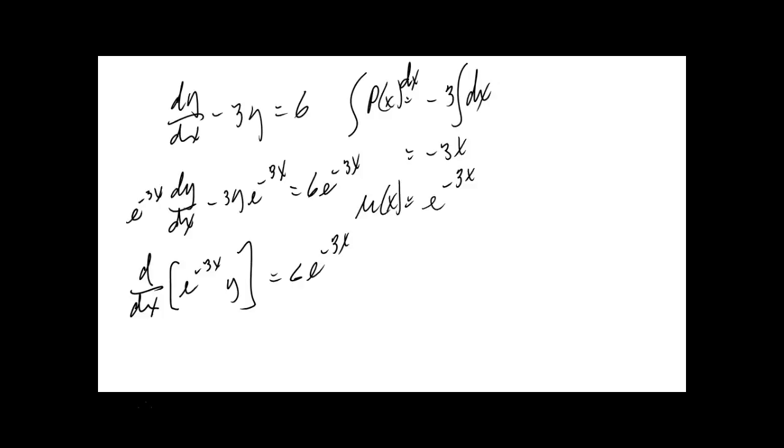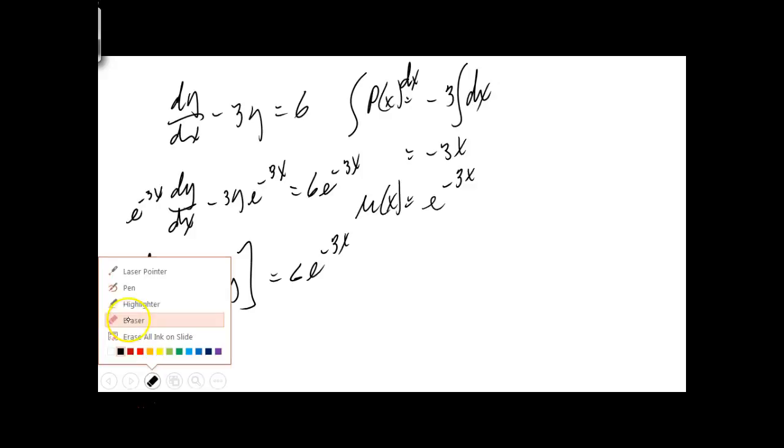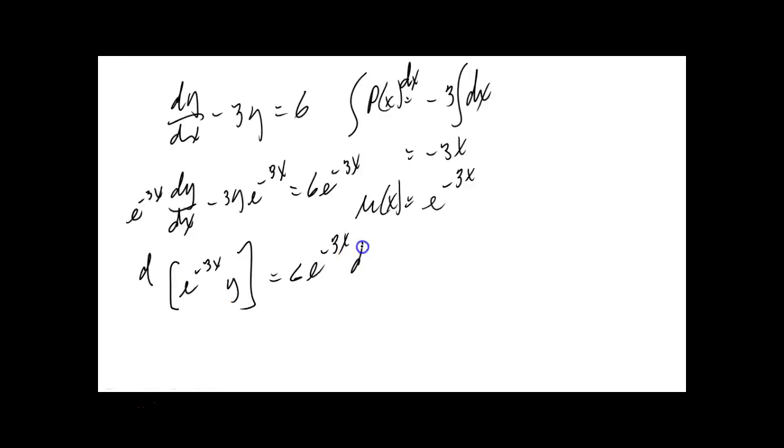Now, I'm tired of writing this over and over, so I'm going to write this as a differential like that. And now we're going to integrate both sides. So the integral of a derivative is e to the minus 3x y.